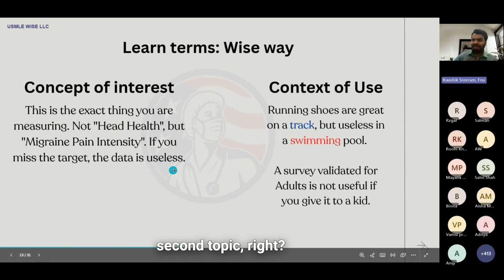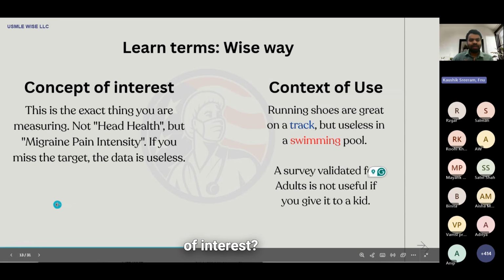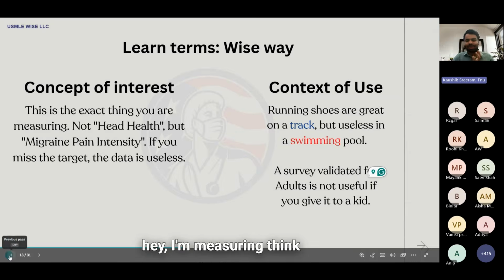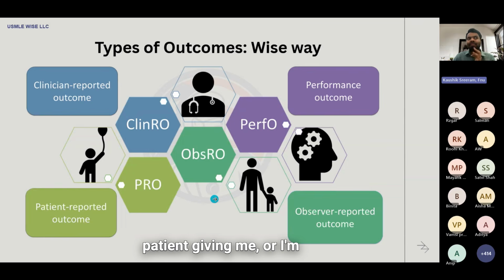Now, let's come to the second topic, right? What is the second topic? What FDA really says, okay, two things: concept of interest and context of use. What is concept of interest? This is the exact thing you're measuring. You can't say, okay, hey, I am measuring syncope and I am relying on the patient giving me answers, or I am measuring epilepsy, absent seizures, and I am relying on the patient giving me answers on how they are having absent seizures, right?